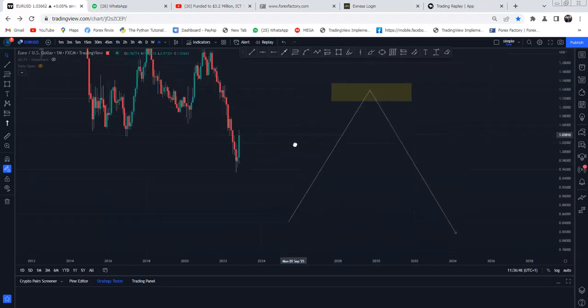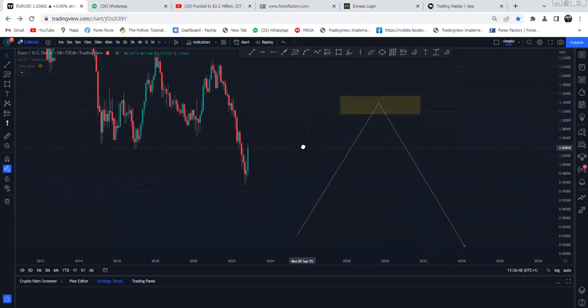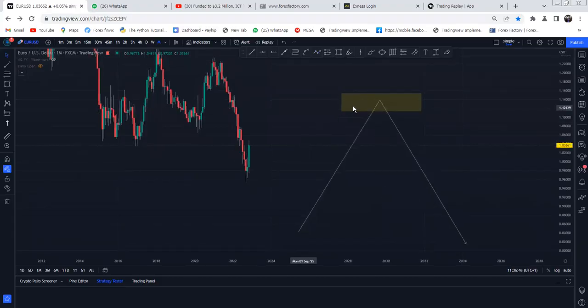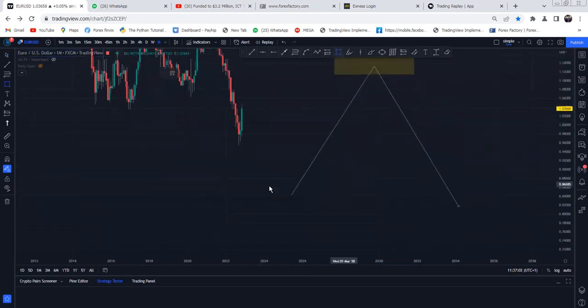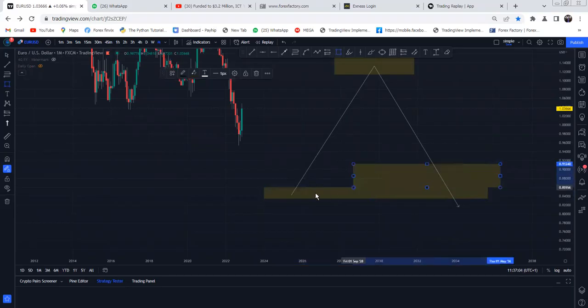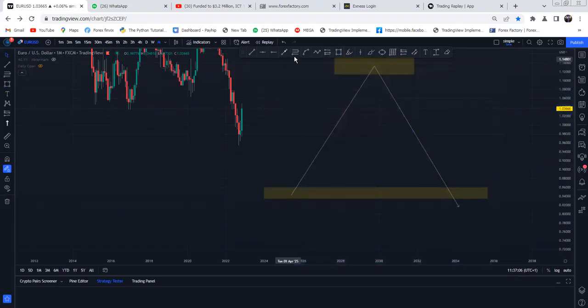And remember, for a support level like an old high, price can come to it and do a stop hunt before it starts moving back down. Coming back down somewhere here, another liquidity area. That is it.